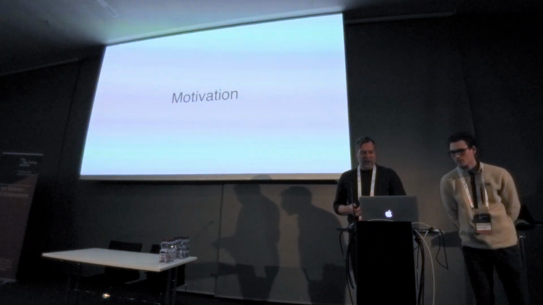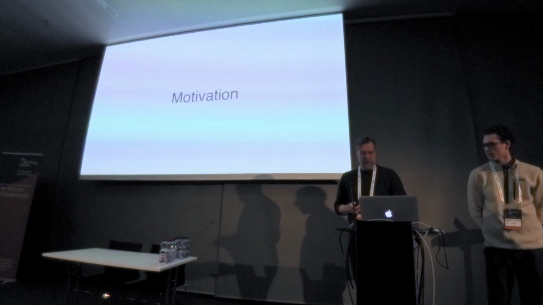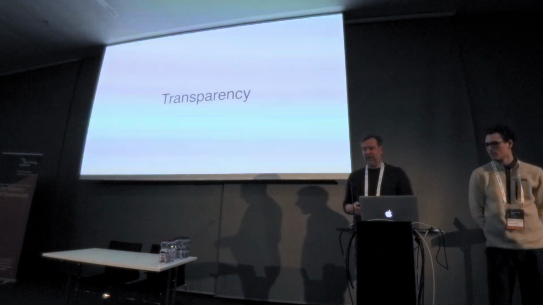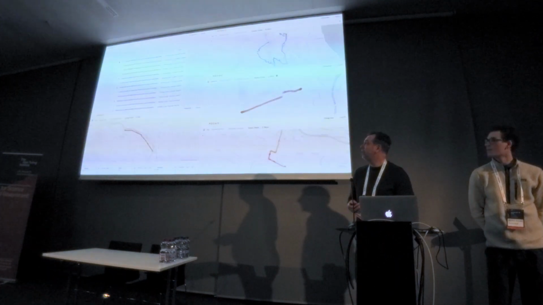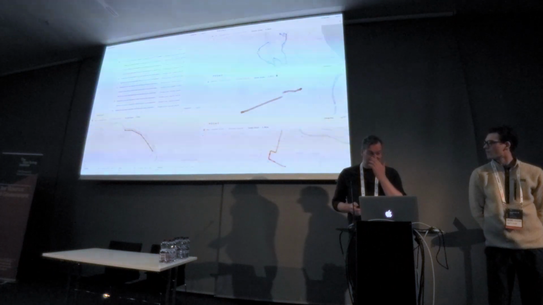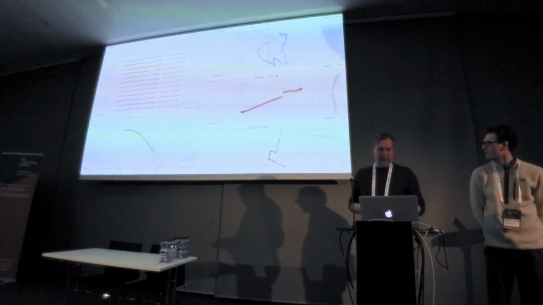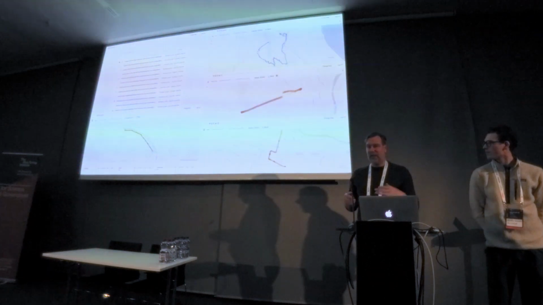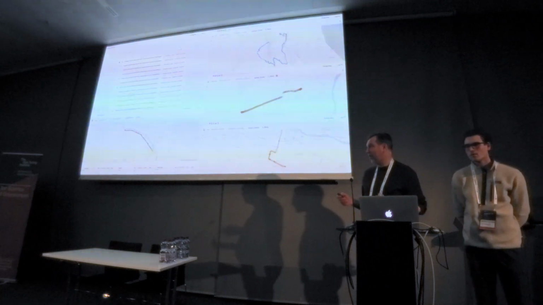So what's the motivation behind what we are doing? I think the most important is really the transparency to the user. And you can see that already. If you download the POSMO Segments app, for example, you can see what you're really doing, how the data looks on a map.